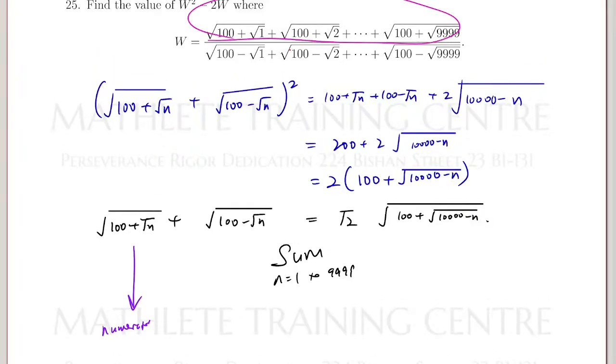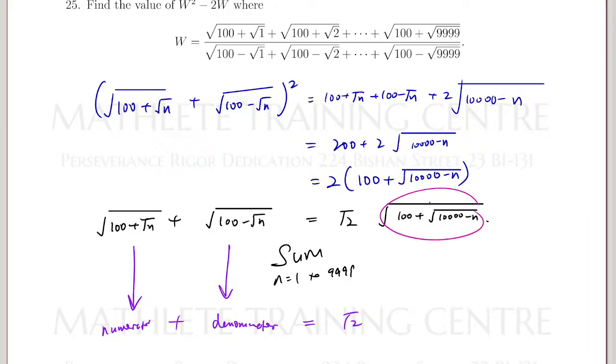This one right here, when I sum from n equals 1 to 9999, you get exactly the denominator. And finally, when you sum the right hand side, you just get root 2 times the numerator, because it's just the reverse order.